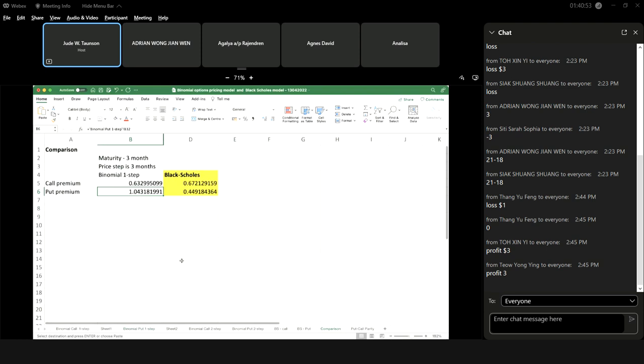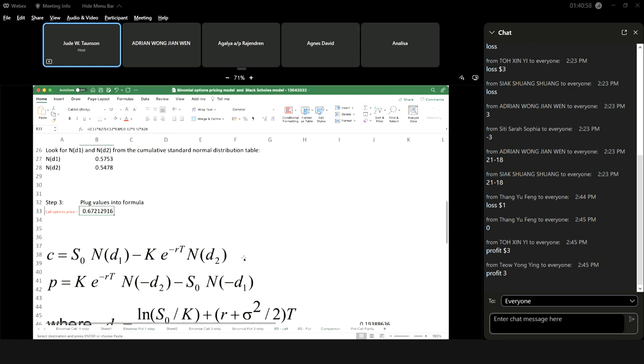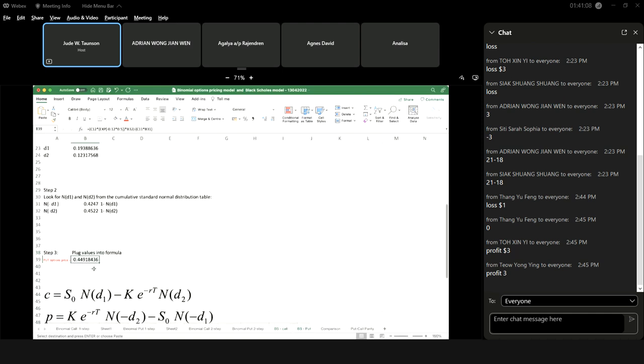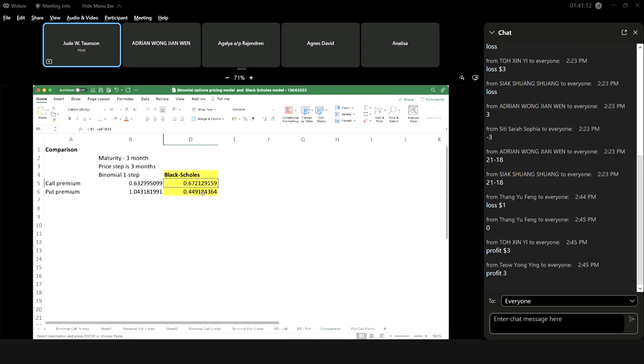Okay, so using Black-Scholes model for the call option, we have 0.6721, right? What about the put? Put is, as we have calculated, 0.44. All right. So which one is more accurate?